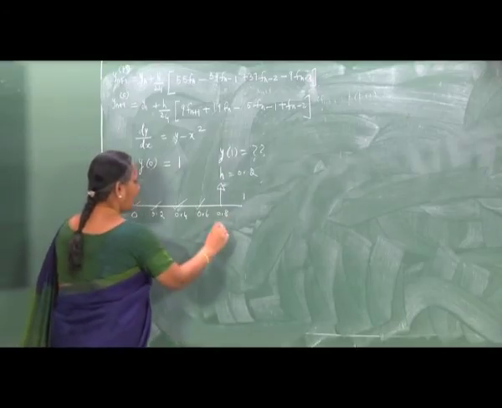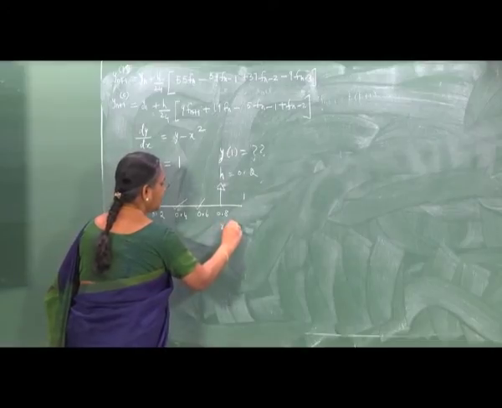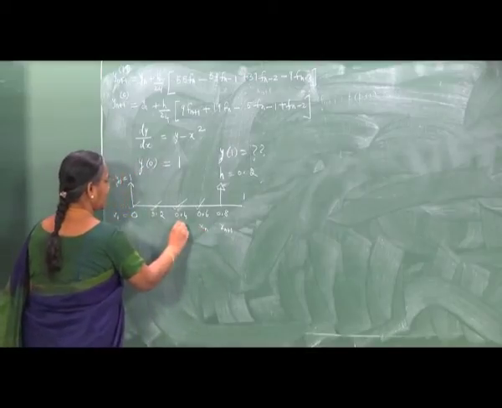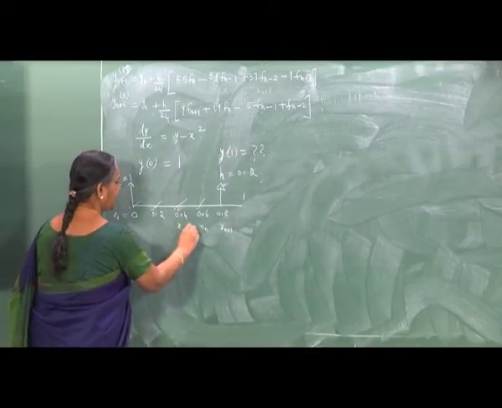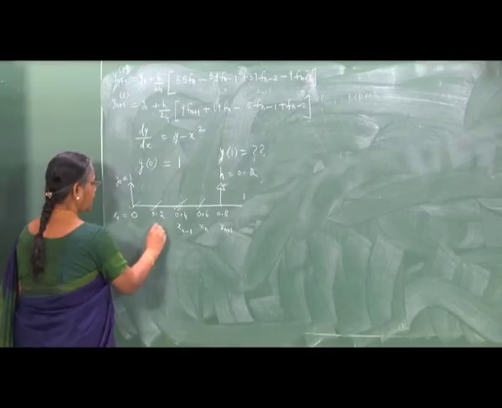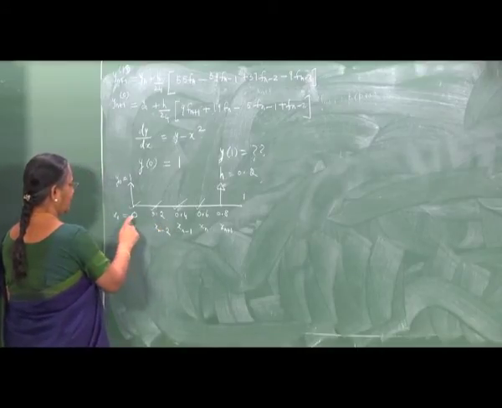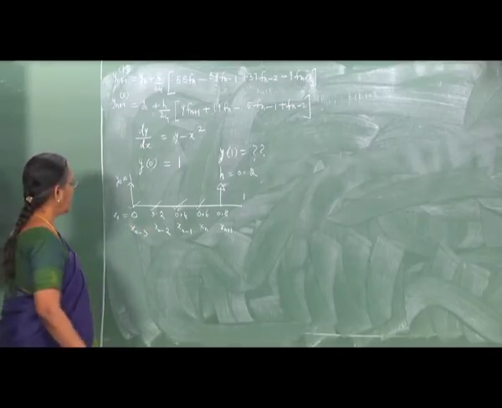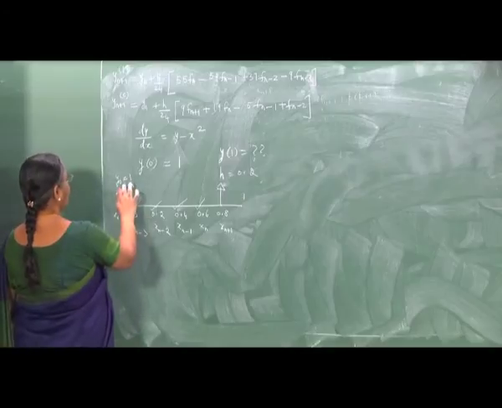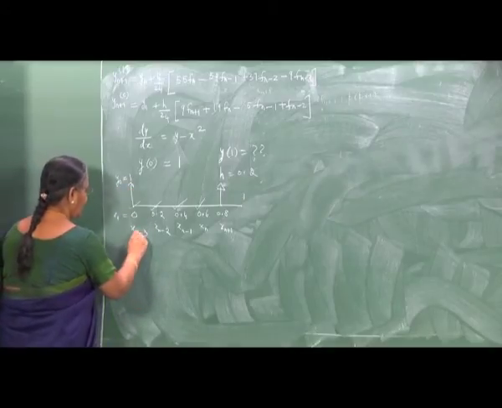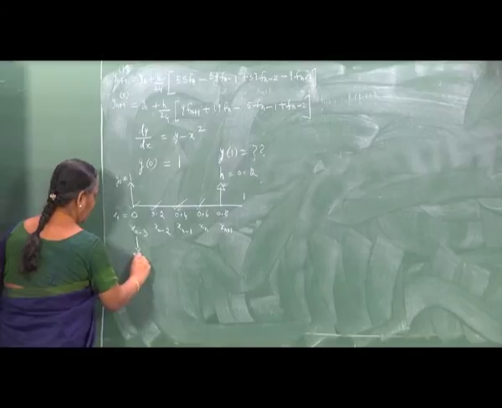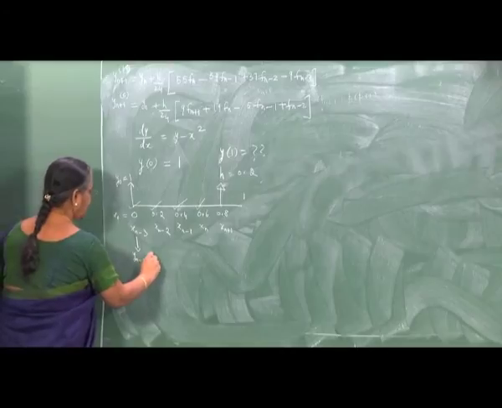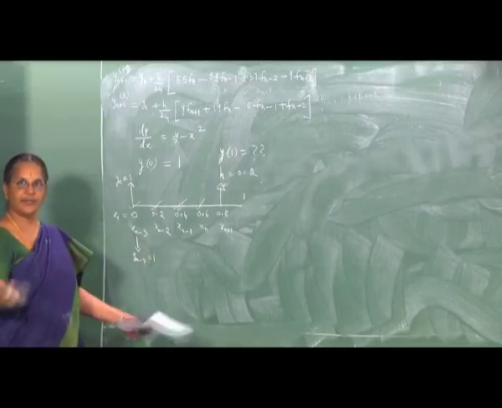So, in step 1, I shall denote this by xn plus 1. So, 0.6 will be xn, 0.4 will be xn minus 1, 0.2 is xn minus 2, and 0 will be xn minus 3. And therefore, what is the corresponding value of y? It is yn minus 3. Since xn minus 3 is 0, yn minus 3 is 1. That is already given to me.